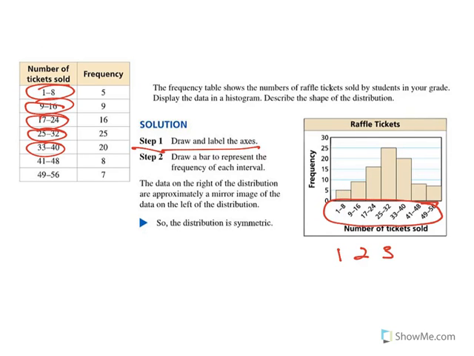I don't mean to be drawing all over everything. Whoops, sorry. So from 1 to 8, we sold 5 times. So that's where we put our little box there.